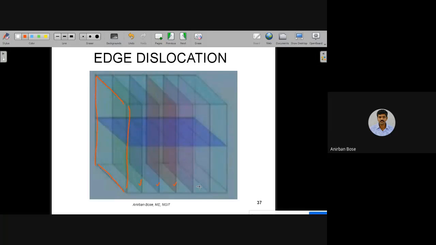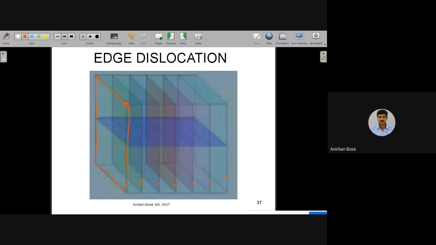These are the different vertical planes there, and similarly one midway there is a horizontal plane that has been shown in blue color. These vertical planes actually indicate that atoms are there in the crystal.